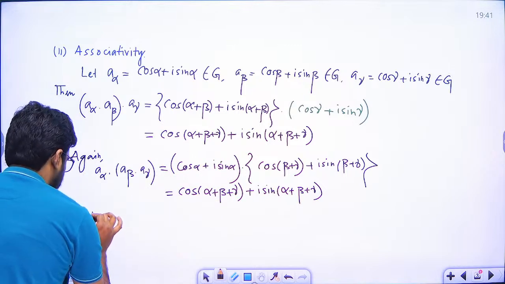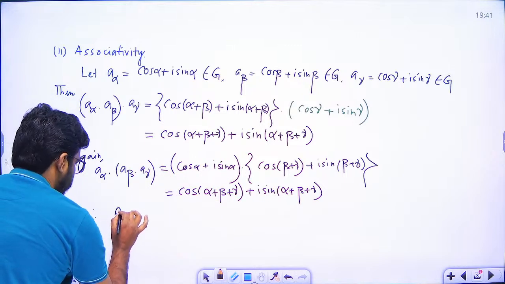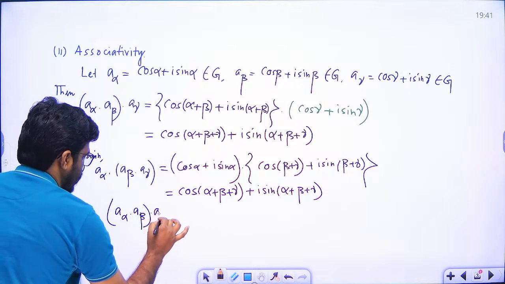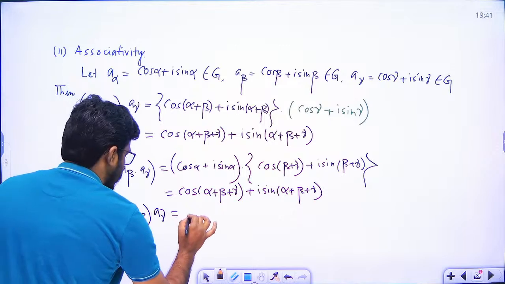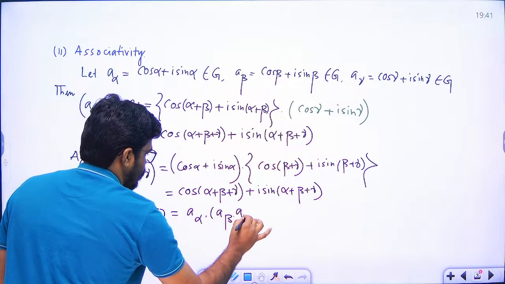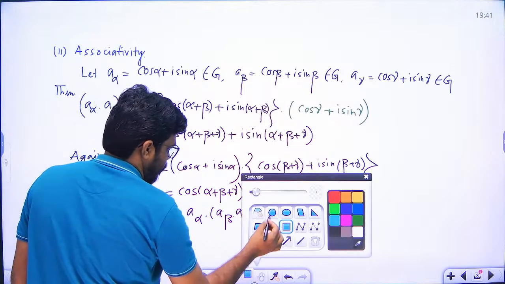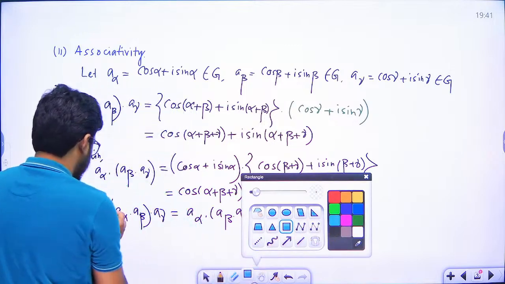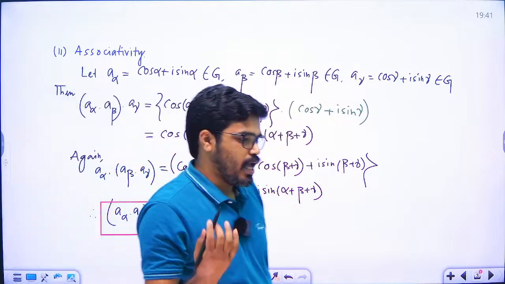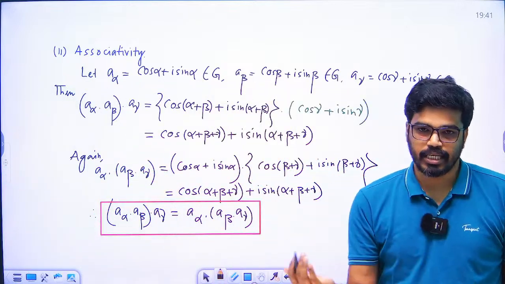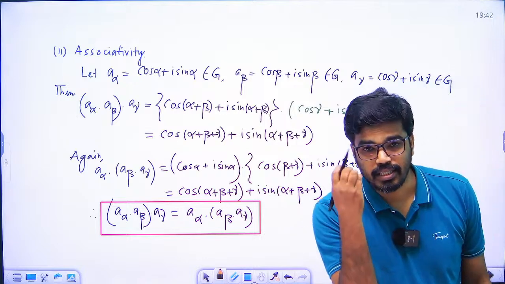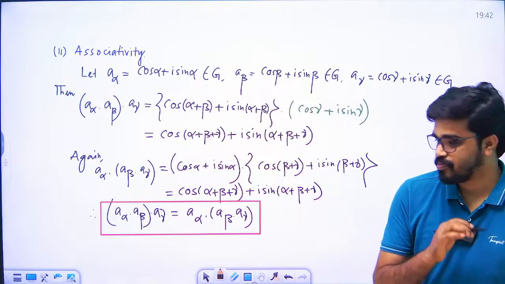So therefore A alpha dot A beta dot A gamma equals A alpha dot A beta dot A gamma. Okay, so we conclude that the associative property is satisfied. Next we have to find the identity element, right?